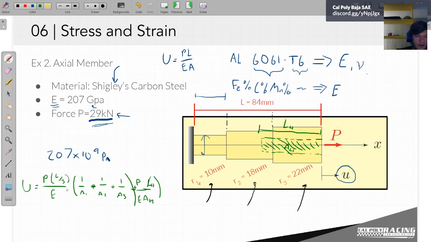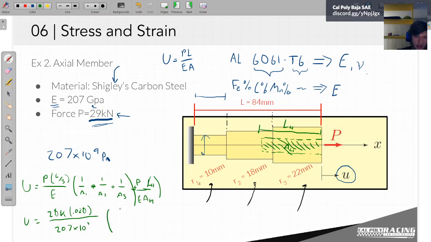Let's actually run the numbers here. So U equals 28K times 0.028. That's 84 millimeters divided by 3 over 207 times 10 to the ninth.